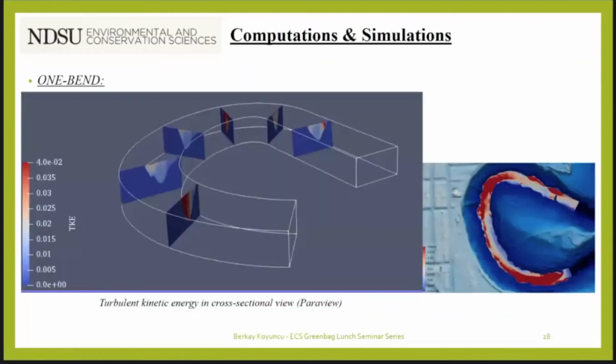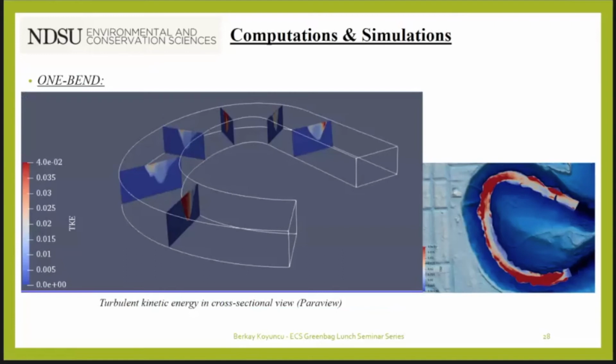This is the turbulent kinetic energy in cross-sectional view. You can see in here, and also in planform view, you can see at the right-hand side. The turbulent kinetic energy I have mentioned, but to emphasize again, turbulent kinetic energy is very important because high turbulent kinetic energy means more fluctuation and more turbulence at that point.